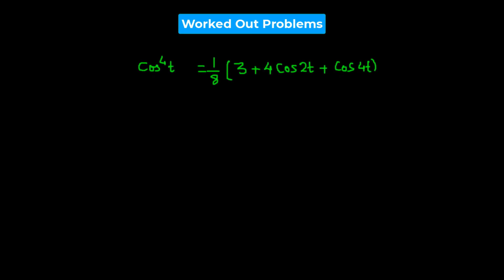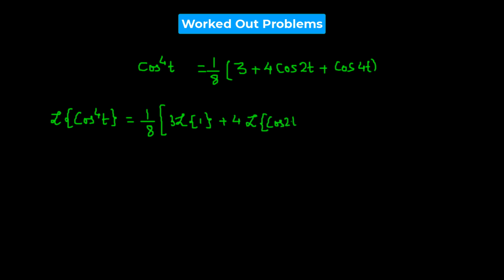So we're going to find the Laplace transform. So the Laplace transform of our function will be equal to 1 over 8 multiplied by 3 times the Laplace transform of 1 plus 4 times the Laplace transform of cosine of 2t plus the Laplace transform of cosine 4t.